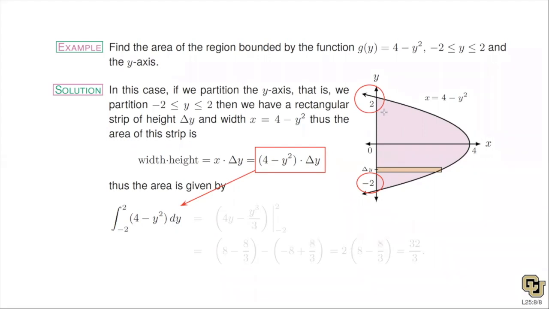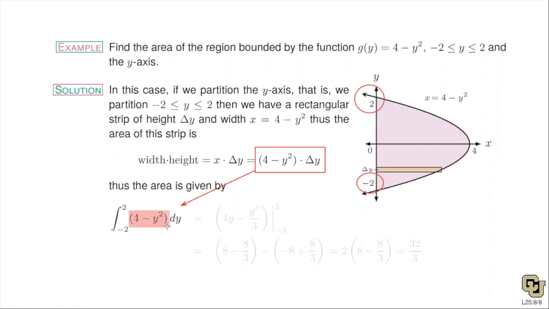This is basically the most important part, that you're able to analyze this situation, partition the y-axis, create a little strip, realize the height of the strip is delta y, and the width is 4 minus y squared, and then build an integral that represents the area. So this is the definite integral from -2 to 2 of 4 minus y squared dy. You should tell yourself this story, right?